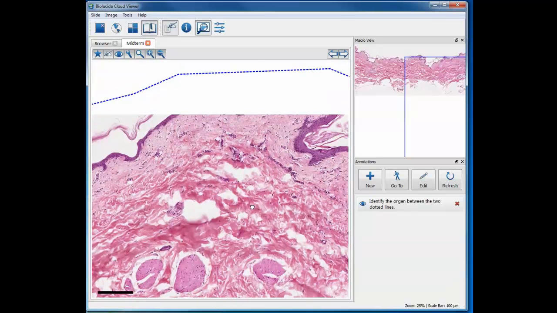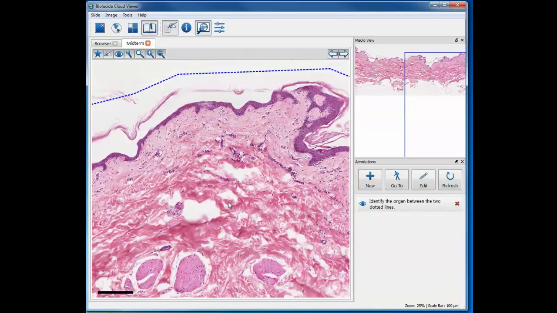So 84% of the class chose either skin, thin skin, or integument. We had some people answer bladder, just plain epidermis, esophagus, gallbladder, tonsil, vagina, urinary bladder, lung. Obviously, many of those were guesses. Okay, so let's move on to the next question.